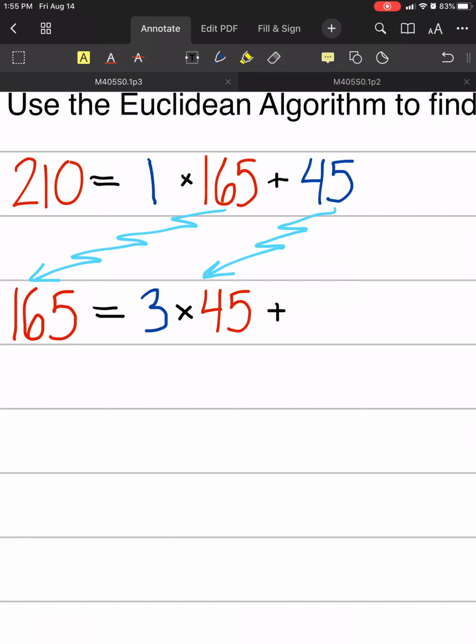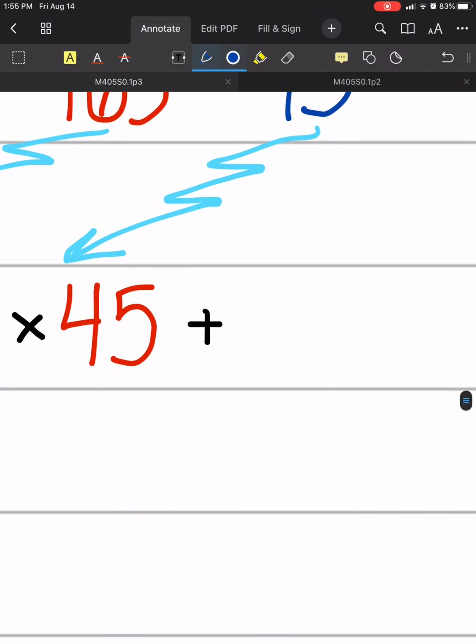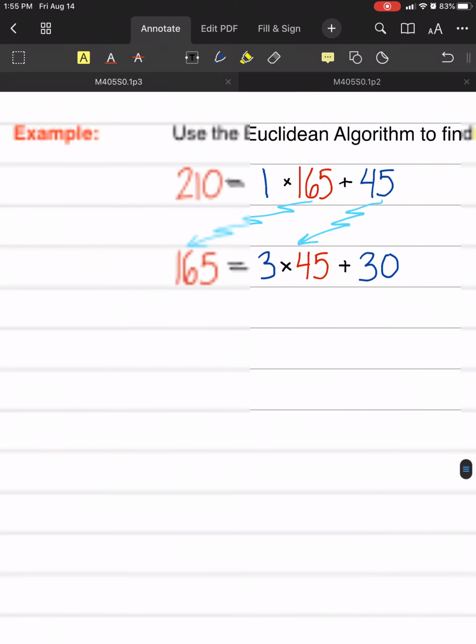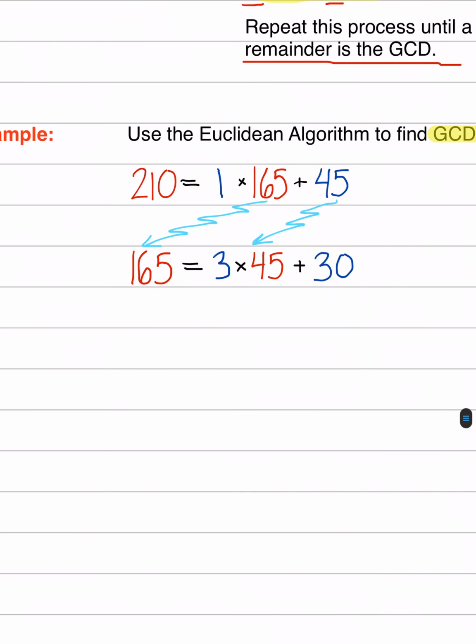So what we're left over with here is 165 minus 135, which should be a 30 there. Okay, so that's our second step. Well, now, I want you to pause this right now and fill in the next step entirely on your own. And then when you're done with that, you can come back and we'll do it again together.